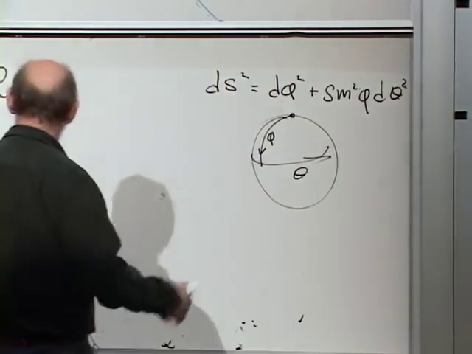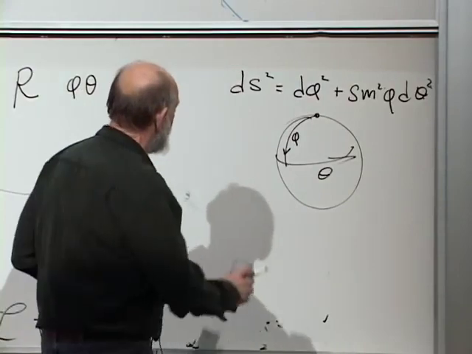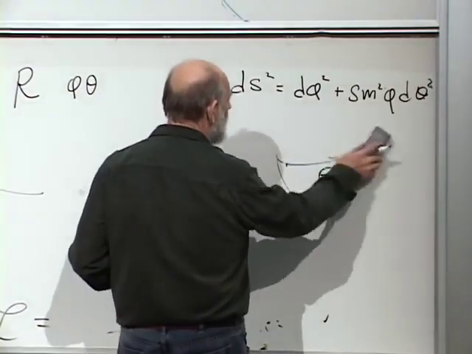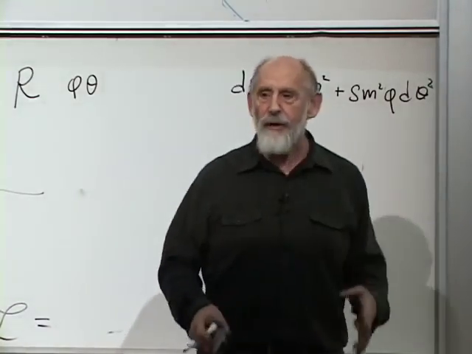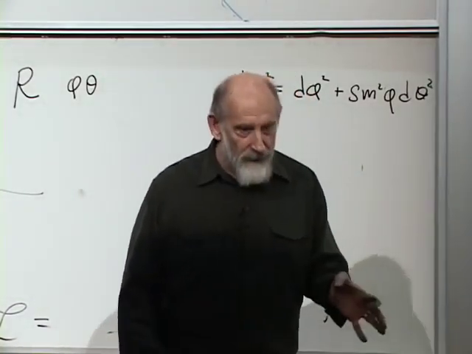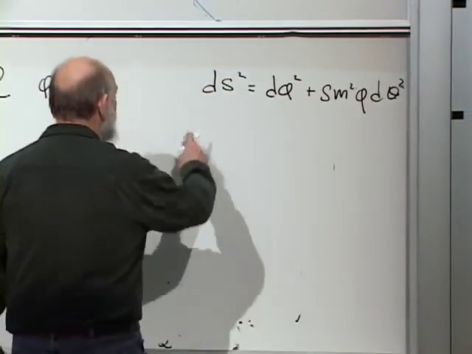Now, supposing the sphere has radius r, what do we do with it? We just multiply it by r squared. Every squared length is r squared times bigger than it would be on a unit sphere.